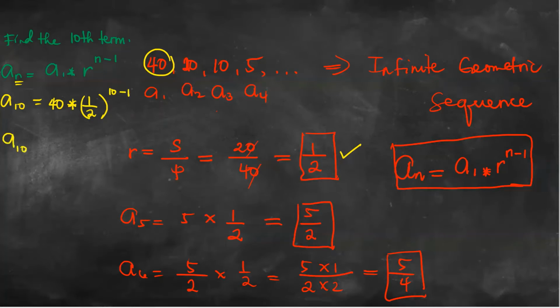So our A sub 10 now is going to be 40, if we continue the process, times 1 half raised to 9. Now, if you solve for 1 half raised to 9, if you have your calculator, maybe you can do the procedure by multiplying 1 half 9 times.